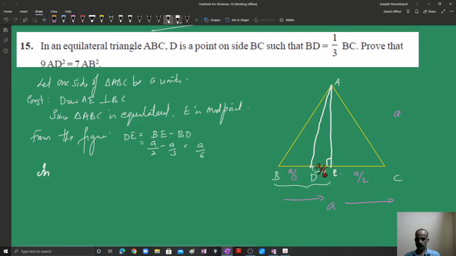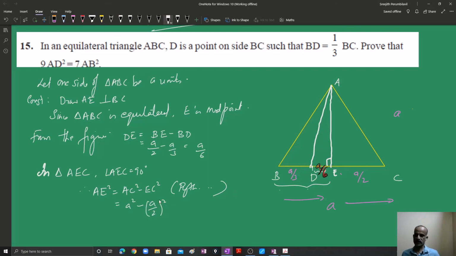Now in the next triangle AEC, angle AEC is equal to 90 degrees. Therefore, AE square is equal to AC square minus EC square. Why? Pythagoras theorem. What is AC square? A square minus EC, which is A by 2, whole square.